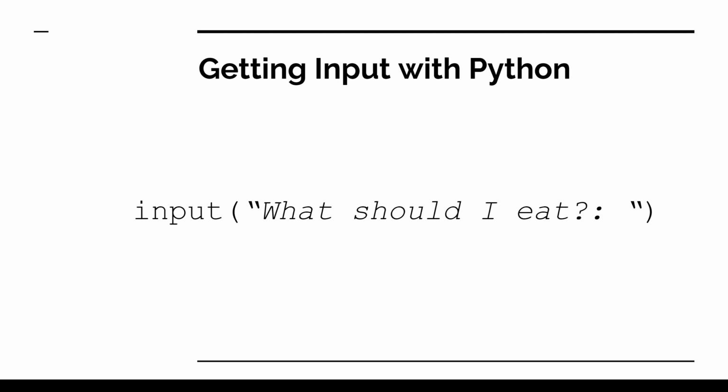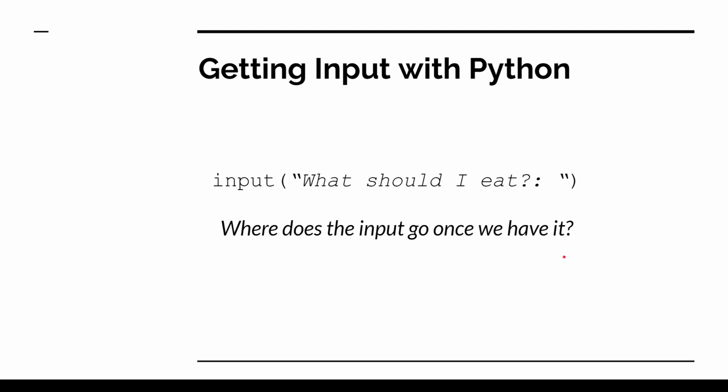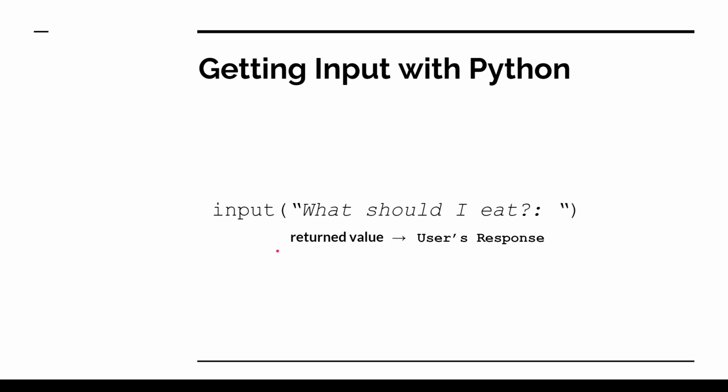So how do we actually take this input and use it for some purpose with Python? Where does the input go once we get it from the user? You might be thinking ahead and recognize that input, like many functions, has to have a place to store its returned value, right?